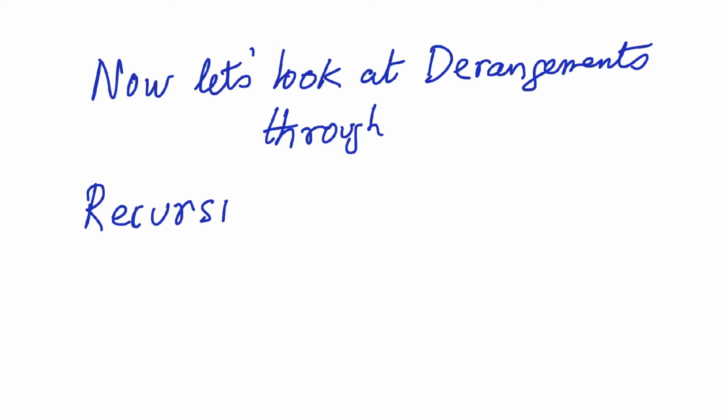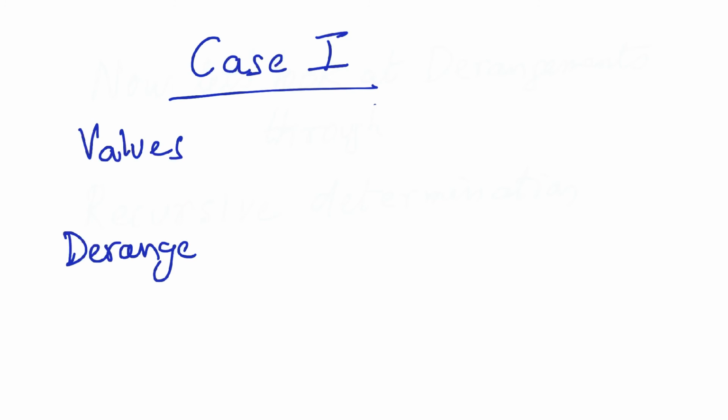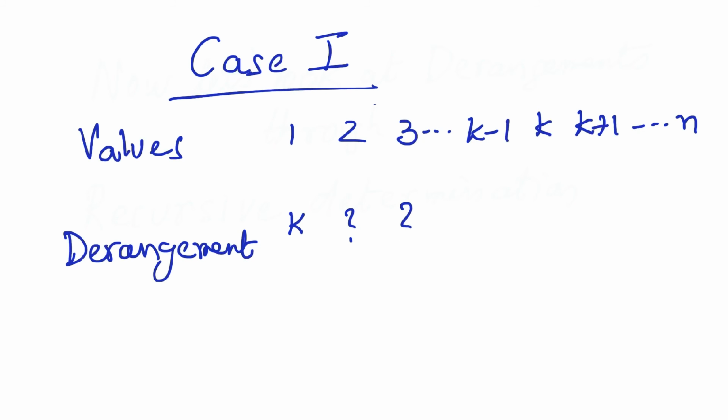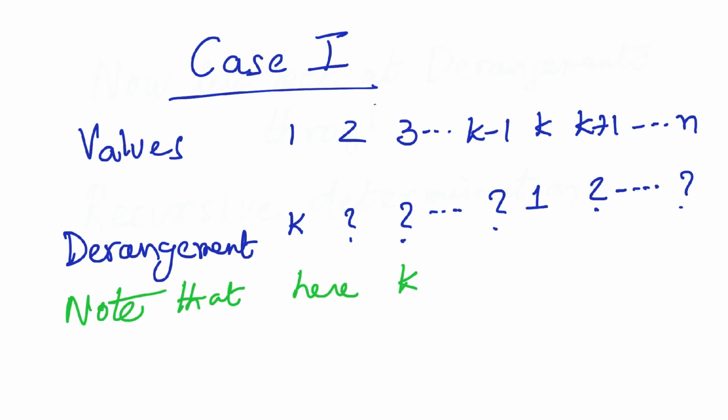Let's get the result through an interesting recursive determination process. Let's take a particular case where we have the values 1, 2, 3, k minus 1, k plus 1 going up to n, and we have derangements where only two particular values are known.